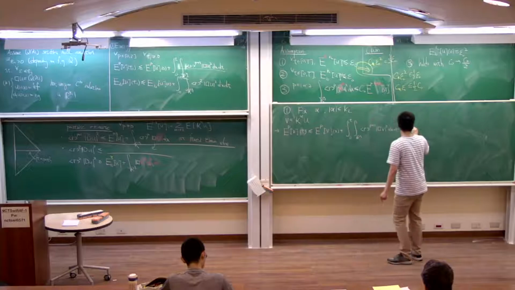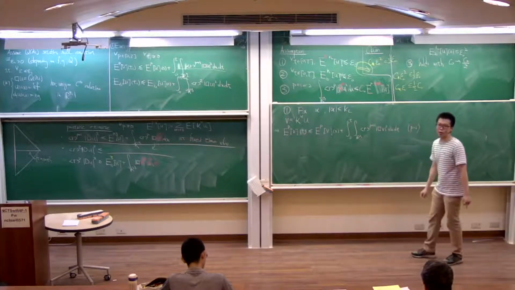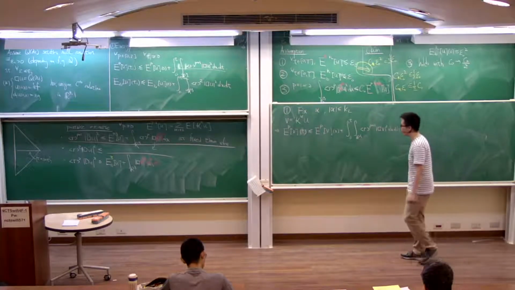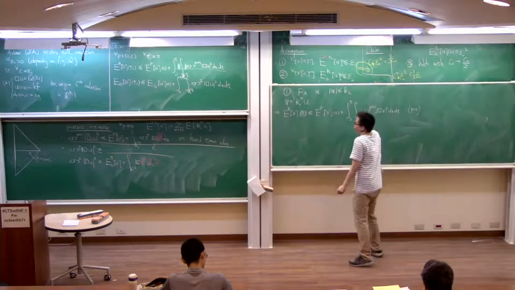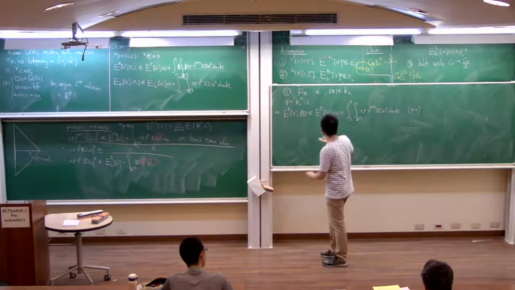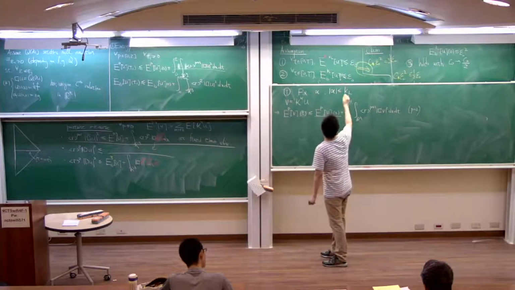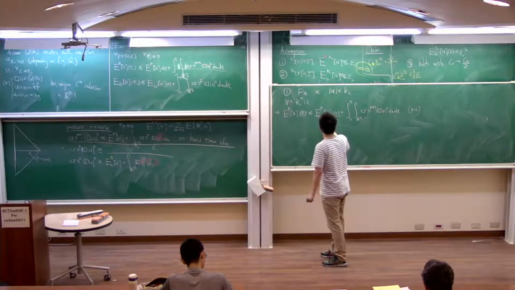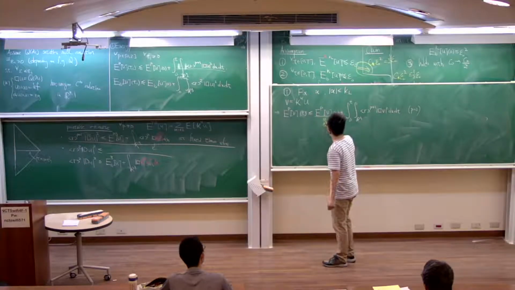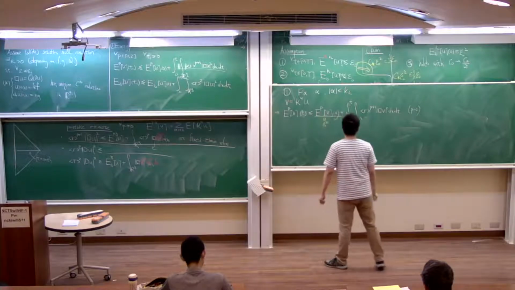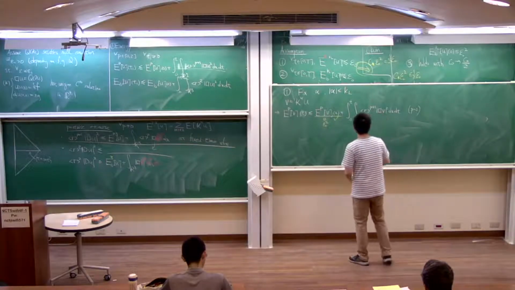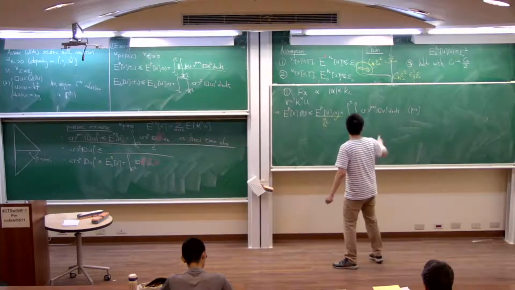Now actually p equals 2, but let me write it as p, it will make it clearer what we are doing. So the first term is bounded by epsilon naught squared from the assumption, so it's good. Don't worry about it. Let's look at the second term, especially box V.